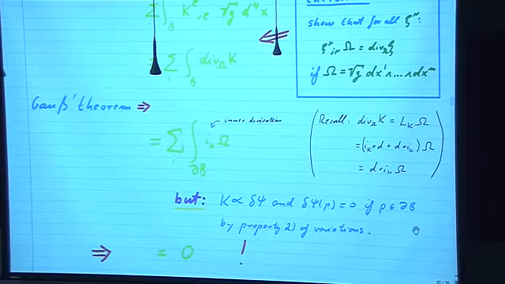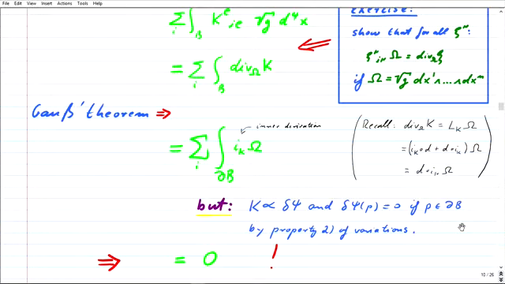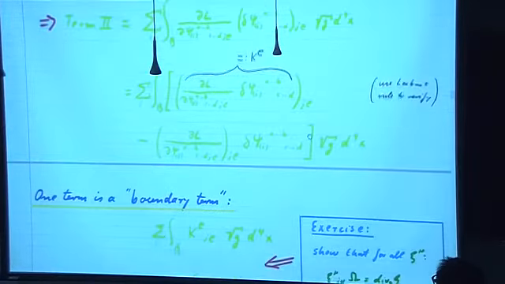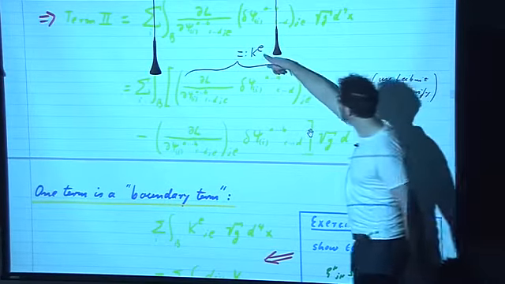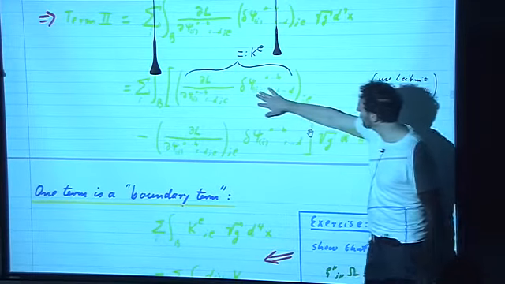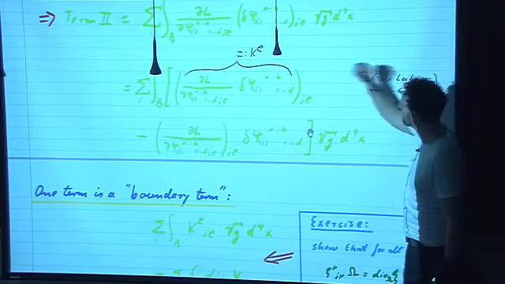Right, but this vector field k that we have here is proportional to delta psi, to the variation of psi. You see, it has some other stuff, but it's proportional to the variation of the matter fields.